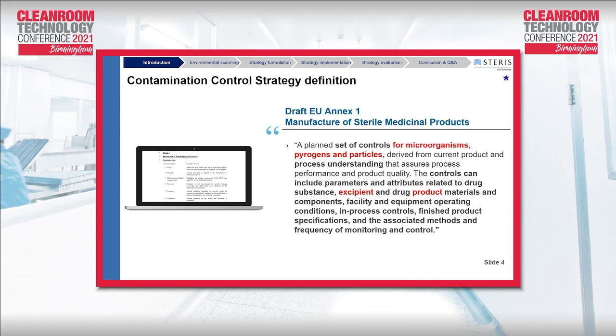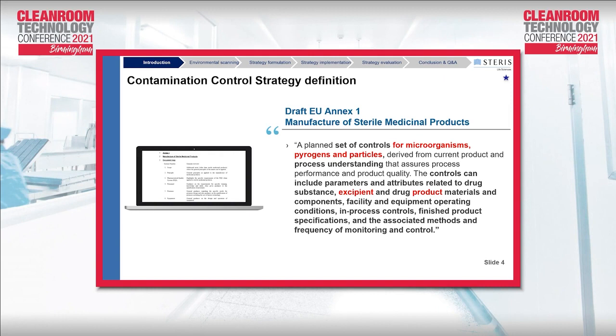The definition of the contamination control strategy seems to be similar to the one used in ICH Q10, and the difference is the one highlighted in red, where it focuses on microbiological, pyrogen and particles, and also includes more of the controls to be implemented, or the set of controls to be implemented, which include excipient and drug product.